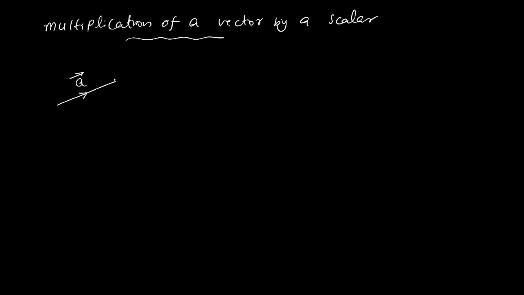Another person travels twice the distance traveled by this person, moving in the same direction. Then the vector looks like this.